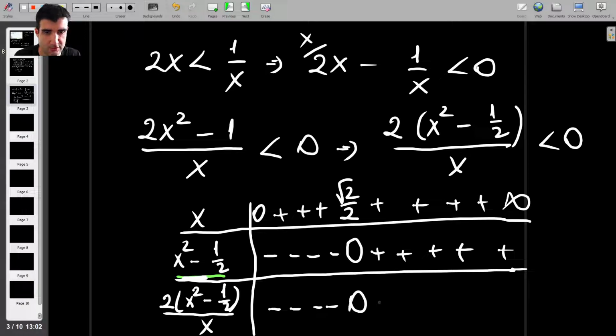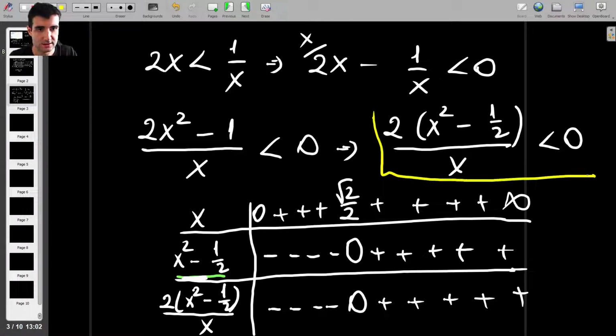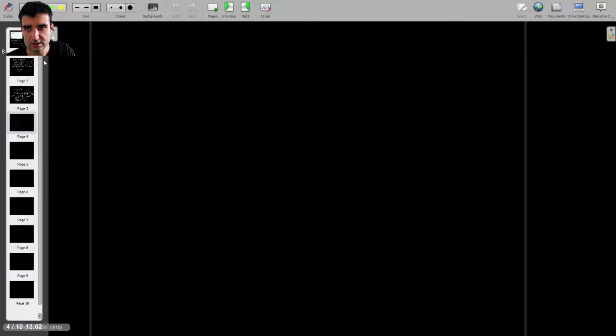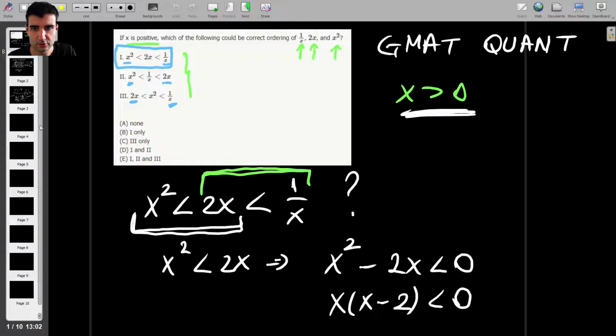This is going to be 0, and this is going to be positive. So our inequality looks like this. So the x values which satisfy this inequality are going to be in this range. So as long as x is greater than 0 and less than square root of 2 over 2, this is satisfied. Right, so now let's go and put everything together.